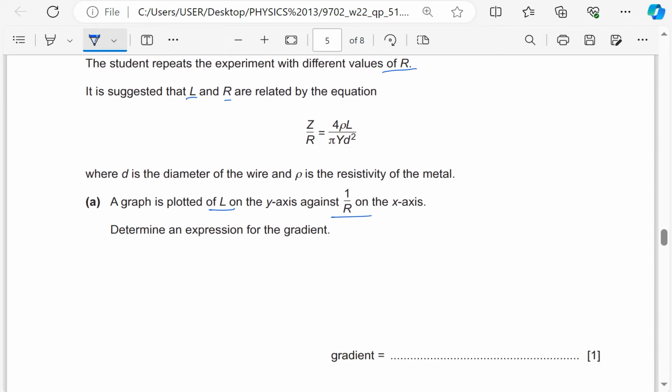Determine an expression for the gradient. So I must make sure whatever is plotted on the y-axis should be the subject.